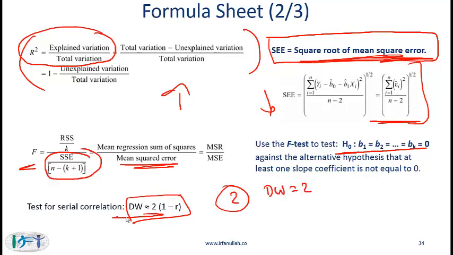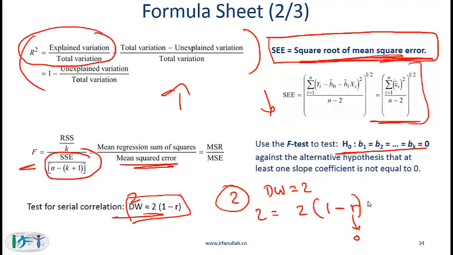So if Durbin-Watson is 2, you plug in 2 over here. So 2 is approximately equal to 2 into 1 minus r. What must r be? For this to hold, r must be 0. So if the Durbin-Watson statistic is 2, that means that the correlation is 0, and we do not have a serial correlation problem.